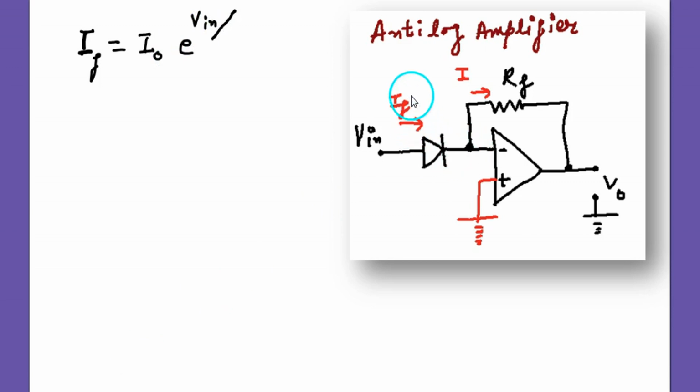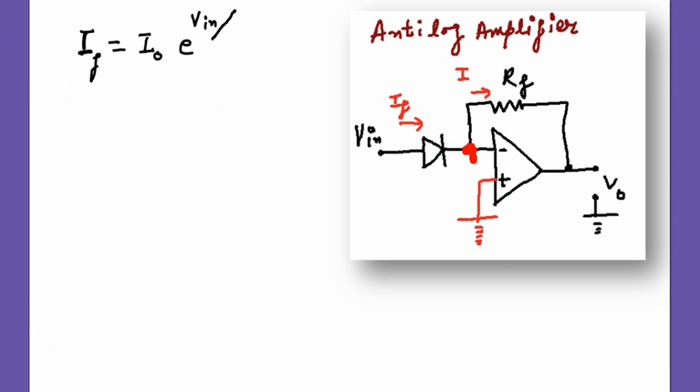IF and I will be equal because there is no current drawn by the op amp itself. This point is at virtual ground, meaning 0 volt.